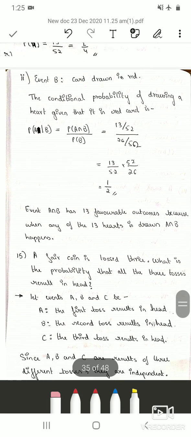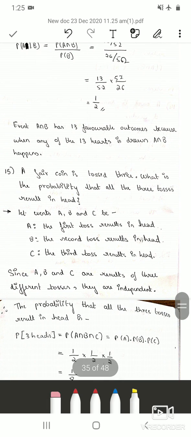So the next question is, a fair coin is tossed thrice. What is the probability that all the 3 tosses result in head? So now let us assume event A to be the first toss results in head, B as the second toss results in head, and event C as the third toss results in head. So whenever you toss a coin, the possibility would be either head or tail.